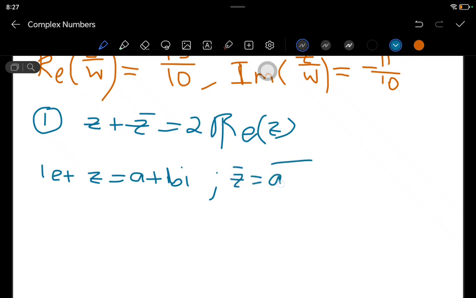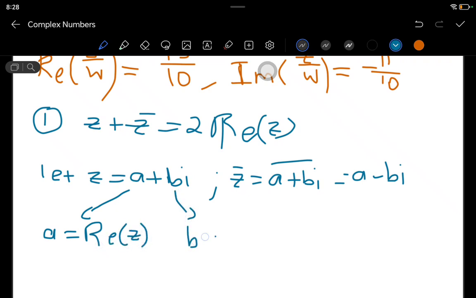Meaning, we know that A is equal to the real of Z and B is equal to the imaginary of Z.